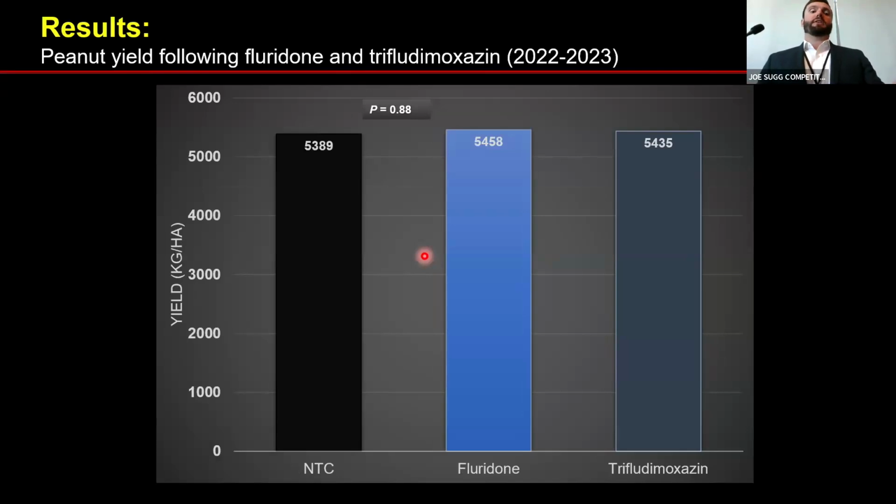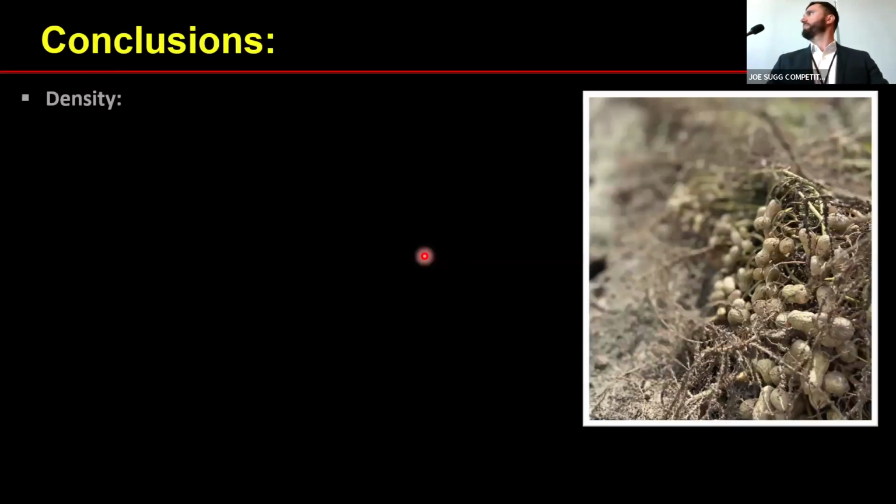And so again, you can see by this point in time, following a similar trend with the heights at 80 days after planting, the peanuts were able to tolerate those delayed applications and grow out of any early season injury. And so we have a range of yield from 53.89 to 54.88 kilograms per hectare across those treatments.